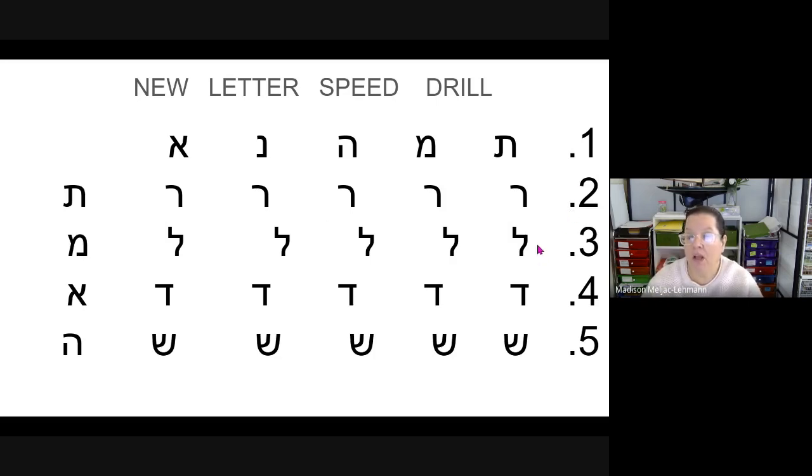Line 3. Lamed, Lamed, Lamed, Lamed, Lamed, Mem. And line 4 is Dalet, Dalet, Dalet, Dalet, Dalet, Aleph. Line 5 is Shin, Shin, Shin, Shin, Shin, Hey.